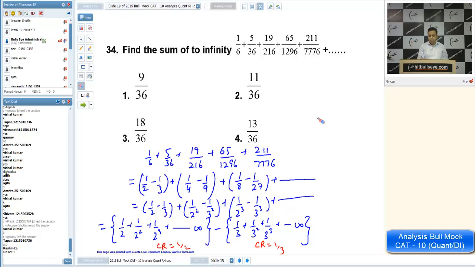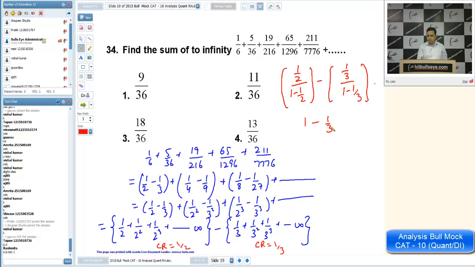So the sum of the first infinite GP will be equal to A upon 1 minus R, minus A upon 1 minus R. So this is equal to 1 minus 1 by 3 into, it will be equal to 3 by 2, or 1 minus 1 by 2.